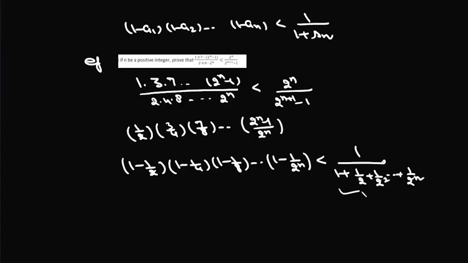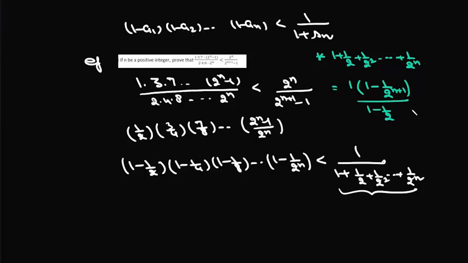Now this is nothing but a GP. So if we write this sum 1 plus 1 by 2 plus 1 by 2 square up to 1 upon 2 to the power n, we know that it will equal a into 1 minus r to the power n, and here the number of terms is n plus 1, upon 1 minus r.